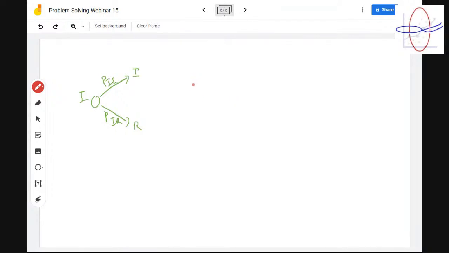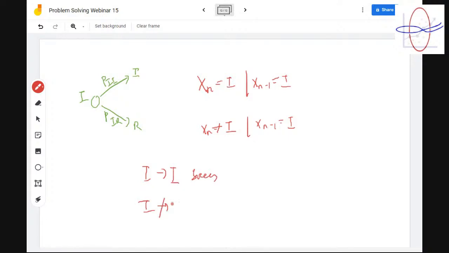I will consider only I to I: xn is equal to I given xn minus 1 is equal to I, or xn is not equal to I given xn minus 1 is equal to I. This follows binomial. If I goes to I, then it's a success. If I doesn't go to I, it's a failure. That's the idea. Here, I goes to I, success is PII, and the rest sums to 1, so it must be 1 minus PII.